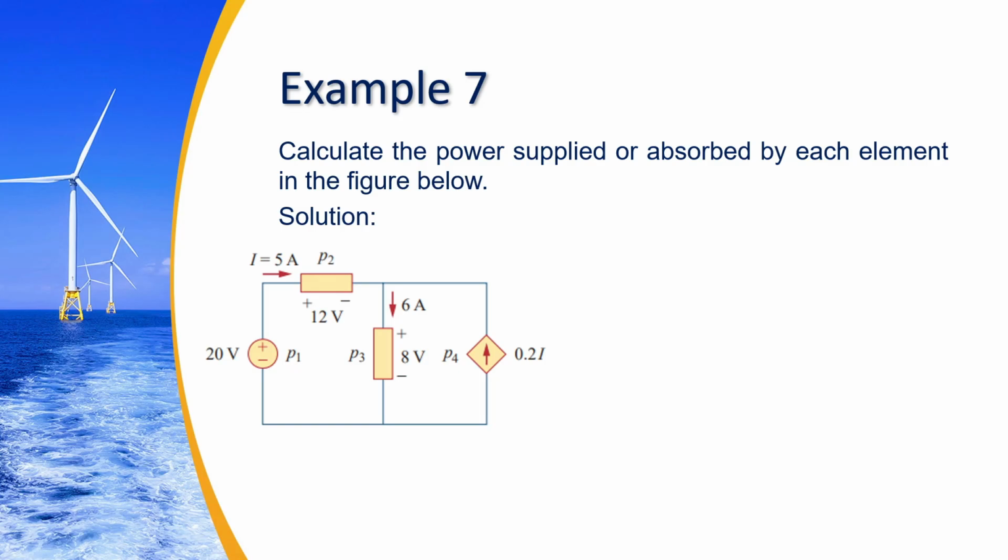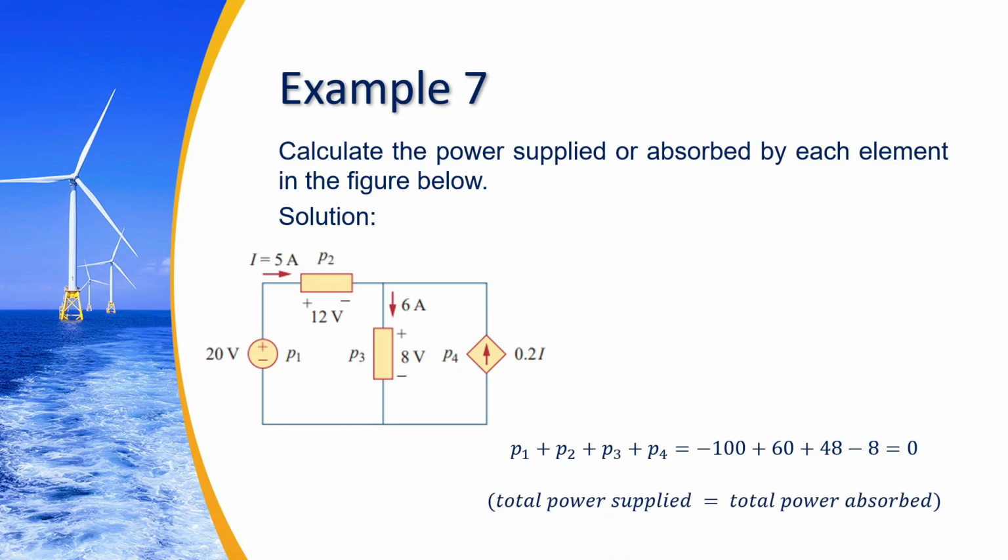Okay? Or equal siya sa lahat ng sum nila ay equal sa 0. Kaya kapag pinag-add natin lahat ng power, makukuha natin ay 0. Kasi, total power supplied ay equal sa total power absorbed. Diyan natin malalaman kung tama lahat ng sagot natin sa power. Kapag ang total nila is 0. Kapag hindi, ibig sabihin, may mali na.